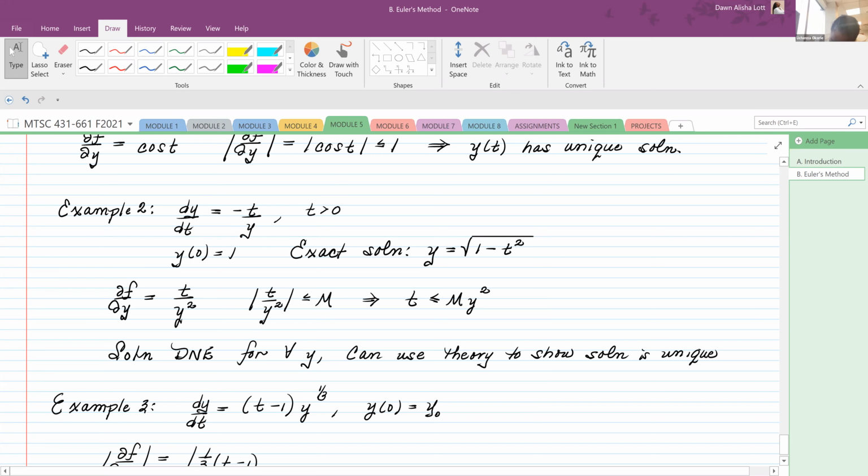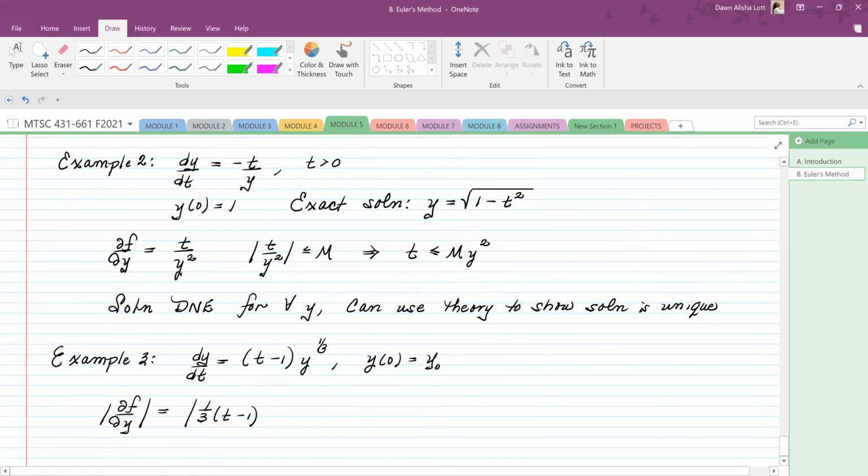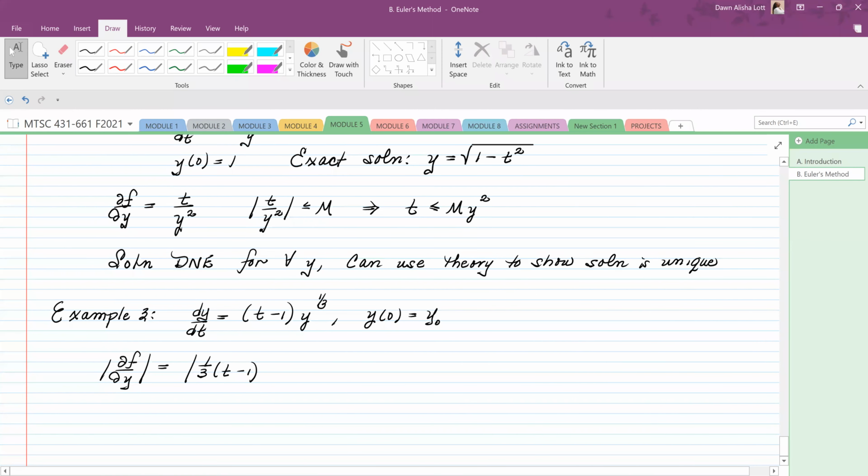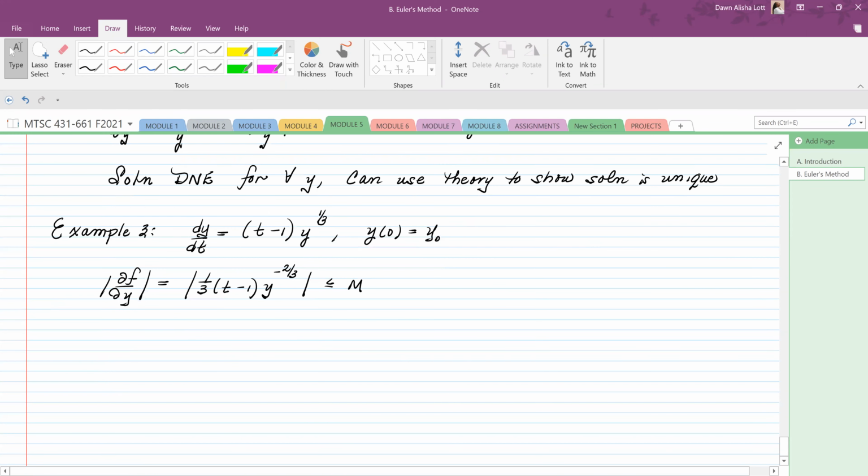Now in this one, I take the partial with respect to y, and I get y to the negative 2/3. And now I need to force this to be less than or equal to some number m. So that says the absolute value of t minus 1 divided by 3y to the 2/3 has to be less than or equal to m.